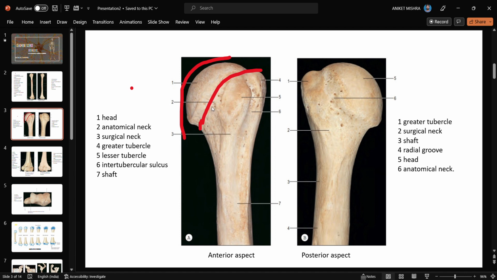That line is known as the anatomical neck. It is constricted at the margins of the rounded head. Where the margins of the rounded head are formed, the anatomical neck is present, and it provides attachment to the capsular ligaments of the shoulder joint.